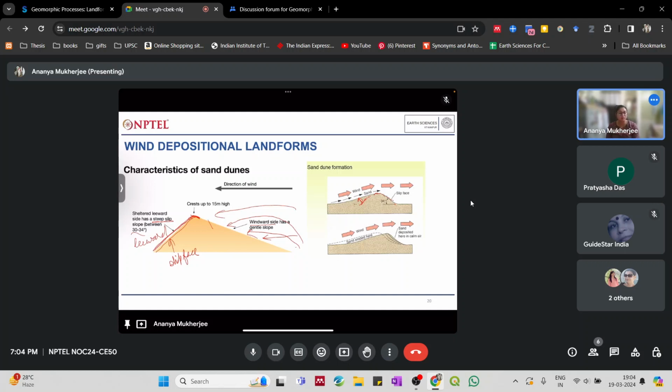Okay, and with time, if the wind velocity changes, the deposition does not happen anymore, but the wind velocity has increased. So, what will happen is the sand over here will start getting eroded and transported. Okay, so this is how you have advancing dunes.